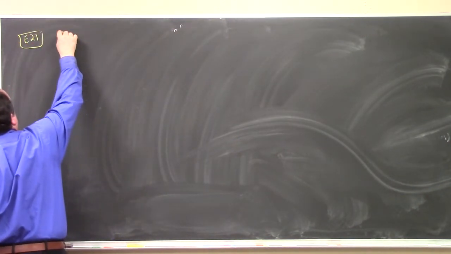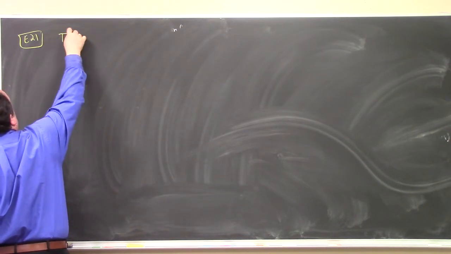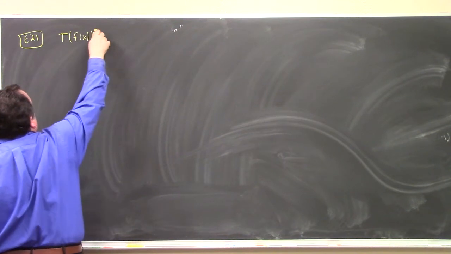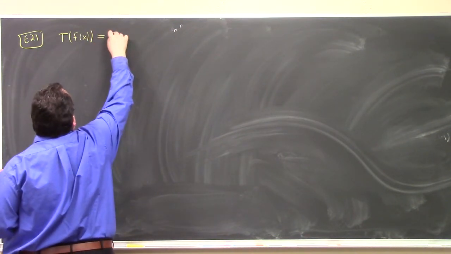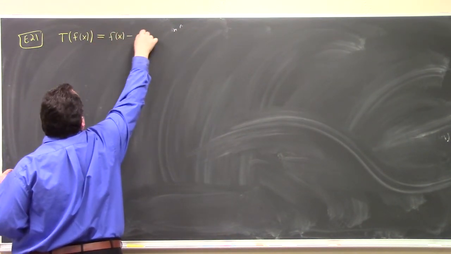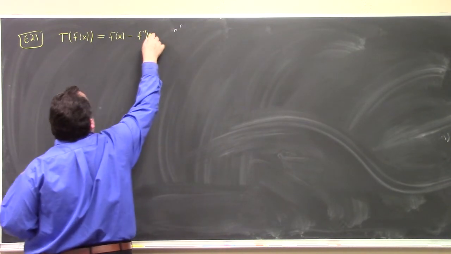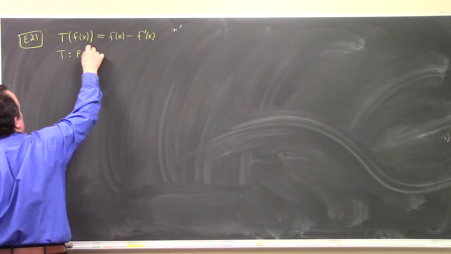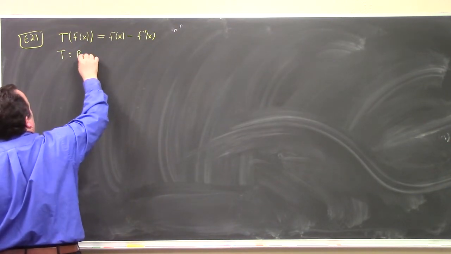Keep it relatively simple. T of f of x equals f of x minus f prime of x. And here I'll let T be a mapping from, let's say, quadratics to quadratics.